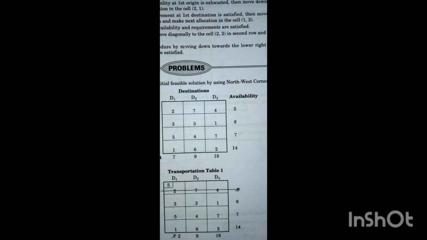Similarly, you can choose the least cost method also. What is the least cost method? It is also a very simple and easy calculation. Obtain an initial basic feasible solution to the following transportation problem.